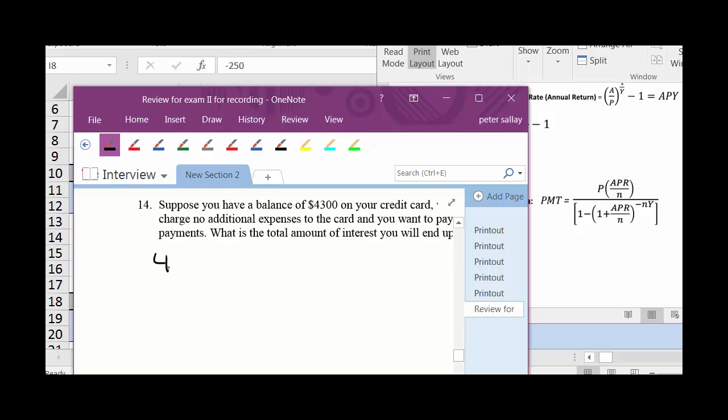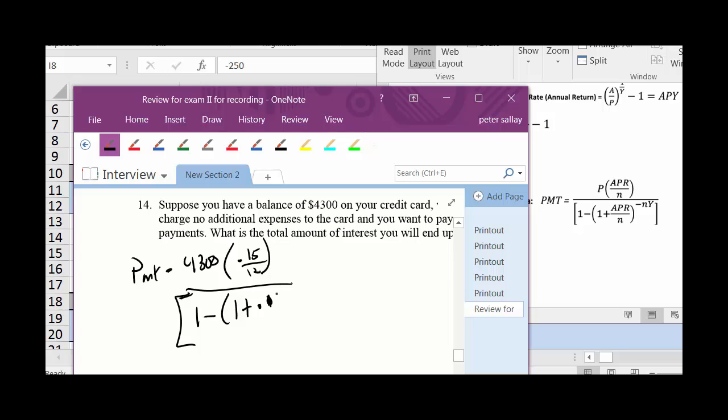All right, so okay, so our payment is the principal, the 4,300 times 0.15 over 12, over 1 minus 1 plus 0.15 over 12 raised to the negative 12 times 1, because we want to pay this off in 1 year.